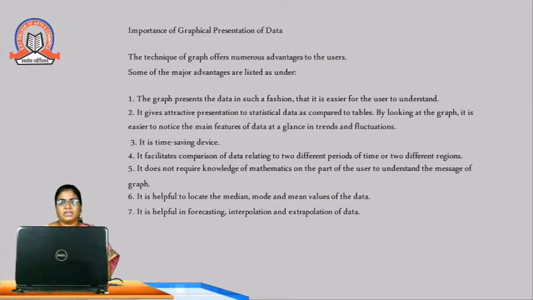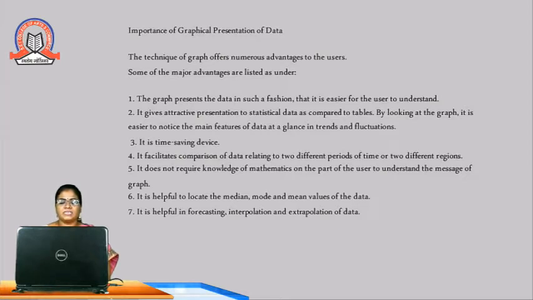Importance of graphical representation of data. The technique of graphs offers numerous advantages. Some of the points are given here. It is easy to understand. In one glance we can understand the trend and fluctuation of the data. It is time saving, because we are able to understand immediately after seeing the graphical notation of any big data.